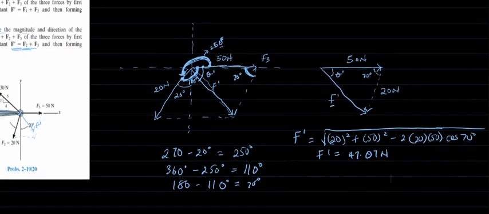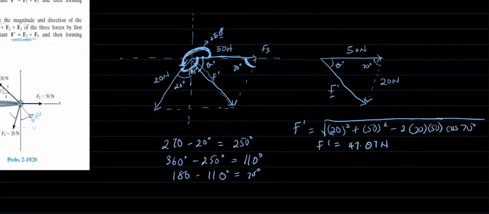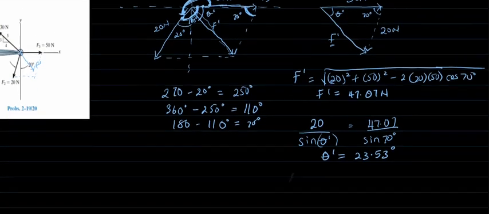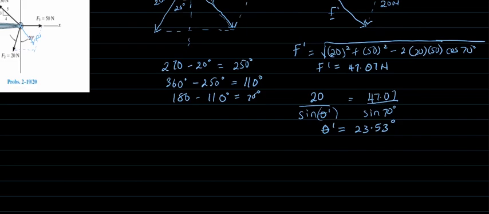Now to get theta bar, simply use the sine rule. That'll be 20 over sine theta bar equals 47.07 over sine 70 degrees. Make theta bar the subject of the formula and you're going to get theta bar equals 23.53 degrees.